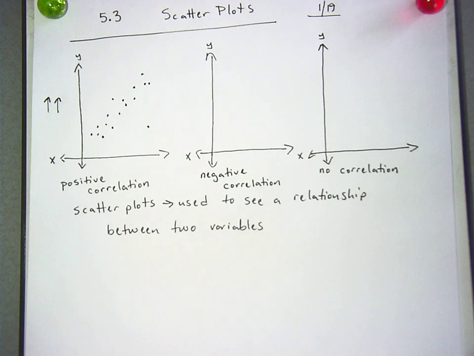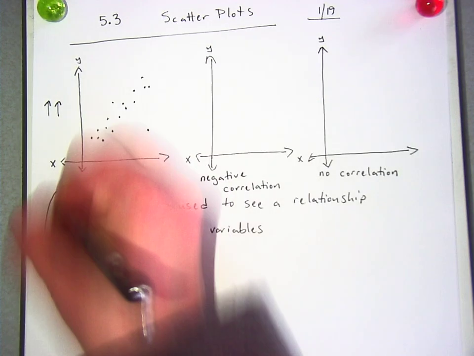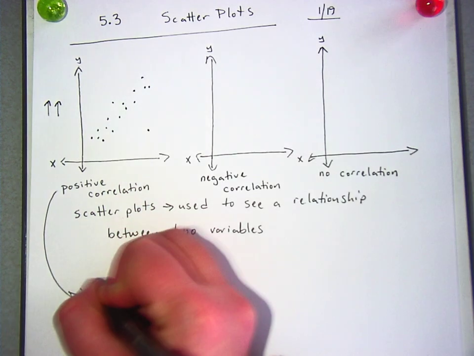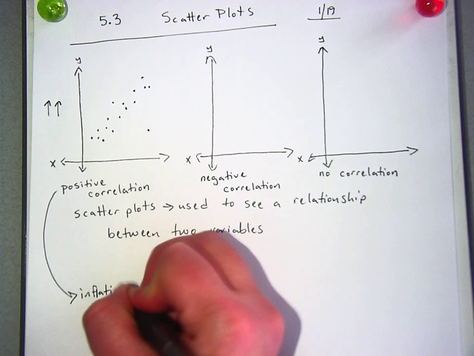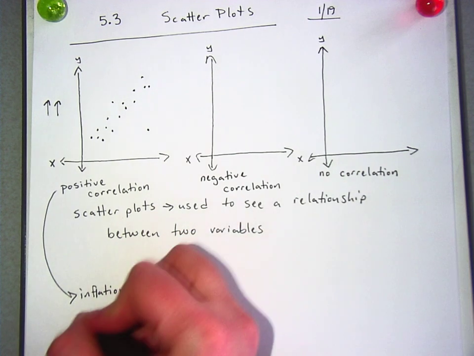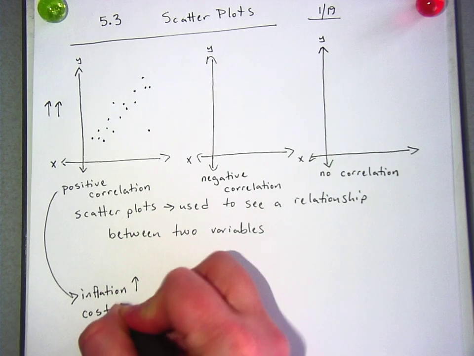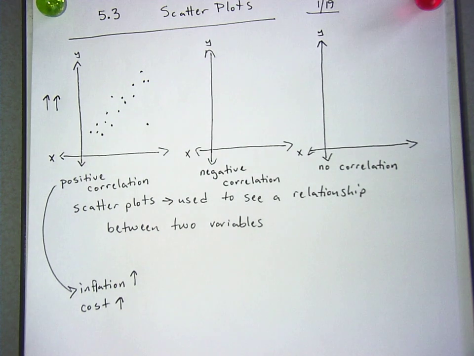Like the inflation of things, if the price of one thing inflates, the rest of something might inflate. Yeah, so as inflation goes up, then the cost of things goes up. That makes sense to me. Go grab a prize.